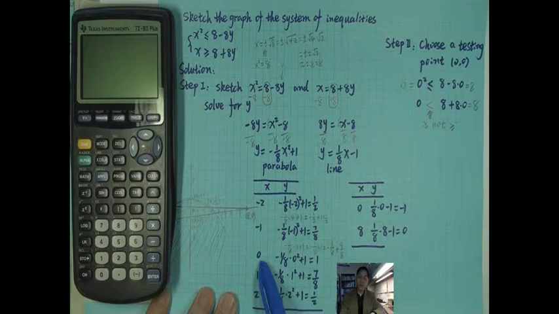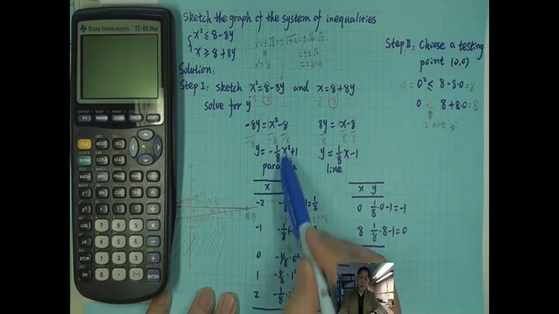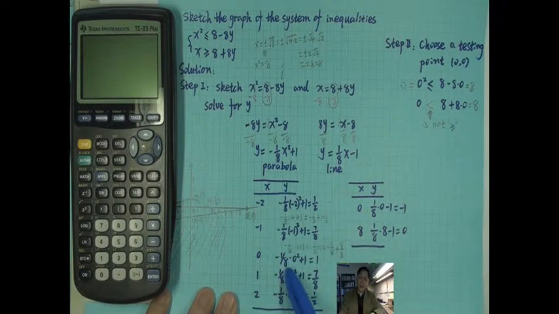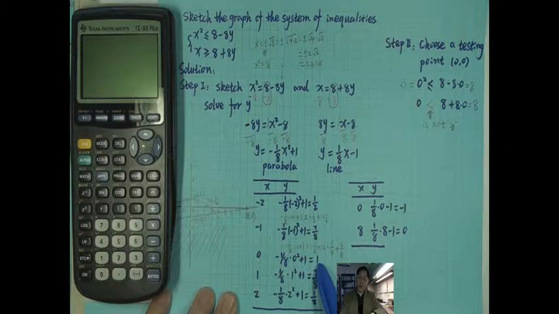Do the same thing for x. When x is 0, plug in 0 here: -1/8 times 0 squared plus 1. 0 squared is still 0, times -1/8 is still 0. So the answer is 1 for this case.